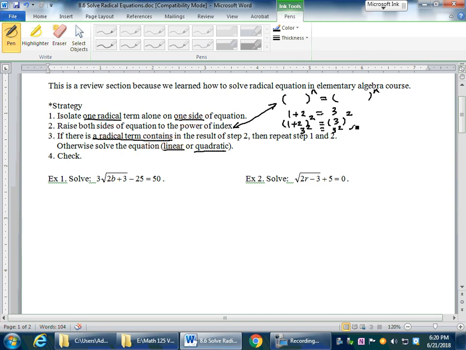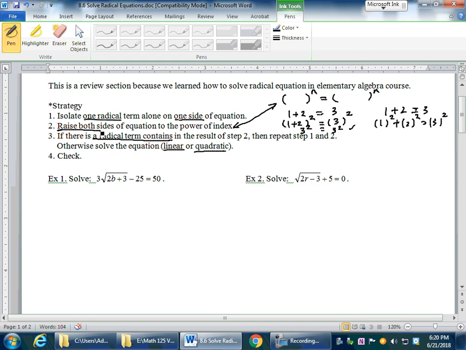However, a lot of times the mistake is done this way. 1 plus 2 is equal to 3. And in the past, I see that students tend to raise the power of each term. That's not what step 2 is talking about. Raise both sides of the equation.